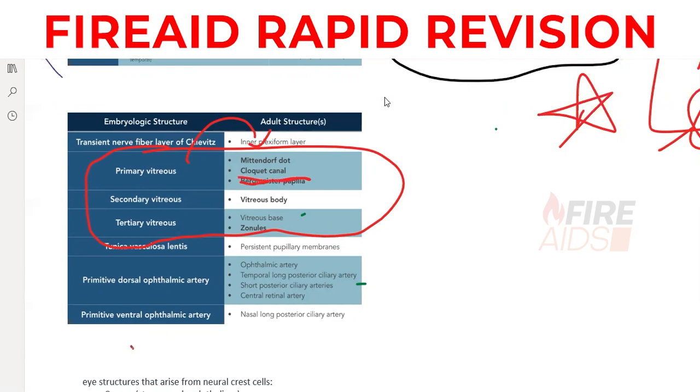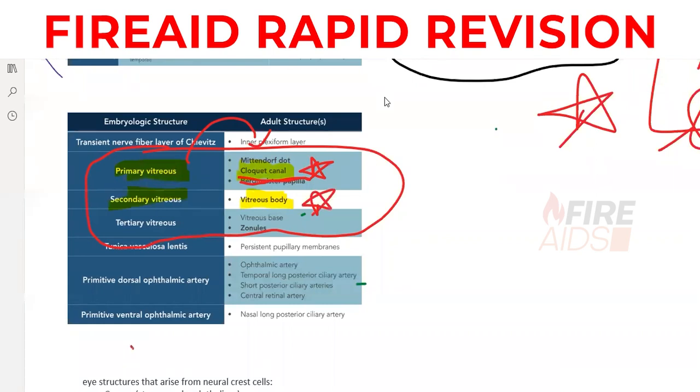Cloquet canal and Mittendorf dot are for MCQs. Secondary vitreous becomes the vitreous body, tertiary becomes the vitreous base and zonules. The two main important MCQs are: Cloquet canal is a derivative of primary vitreous, and vitreous body is a derivative of secondary vitreous. If you remember only these two, I think that should be fine enough for your MCQ.